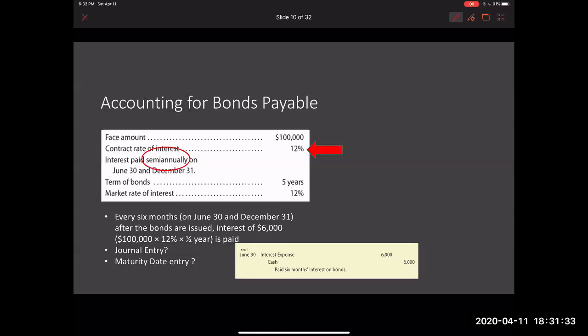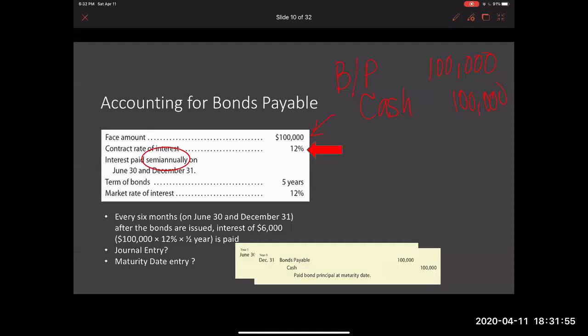Your debit is going to be to bonds payable in the amount of $100,000. That was the original amount of the bond. And then your credit is going to be to cash. You have to pay that money back. And so that is paying back at maturity. I have also captured it at the very bottom of the screen. Hopefully that makes sense to you.